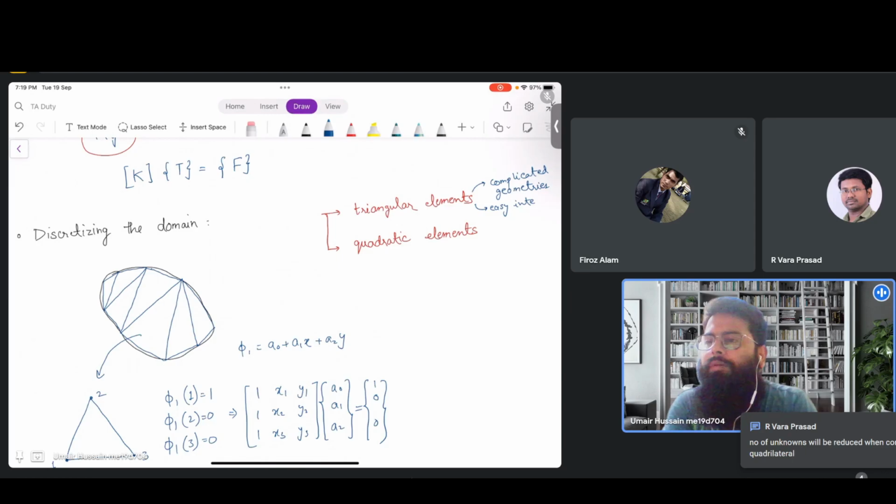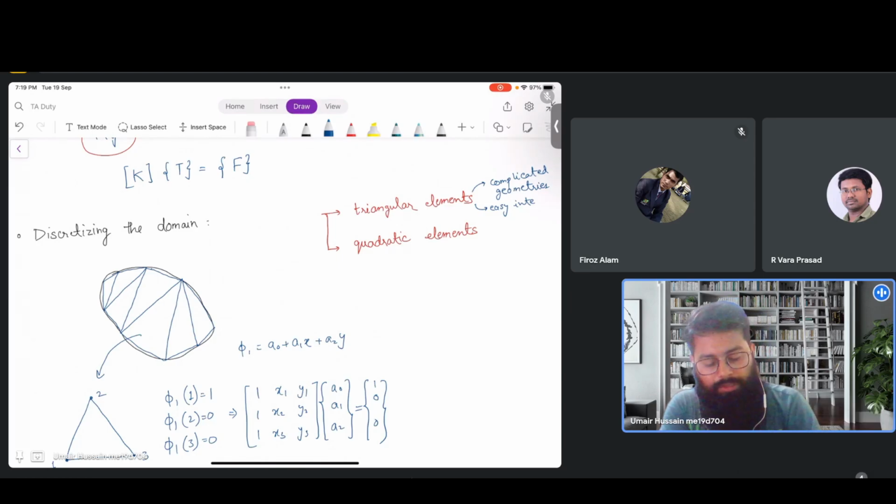Number of unknowns would be reduced. That's not true every time. So you can just take this, this is my square domain, right? These are my nodes. So either I take it as one single quadrilateral element or two triangular elements.